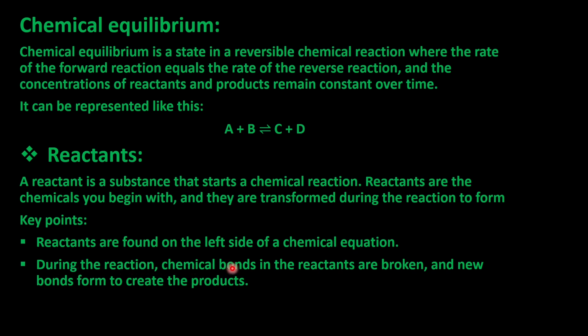Similarly, during the reaction, chemical bonds in the reactants are broken and new bonds form to create the products. So when a chemical reaction starts, the bonds among the reactants start to break, and new bonds start to form. In a chemical reaction, the bonds between reactants are breaking, and the bonds of products start to develop.